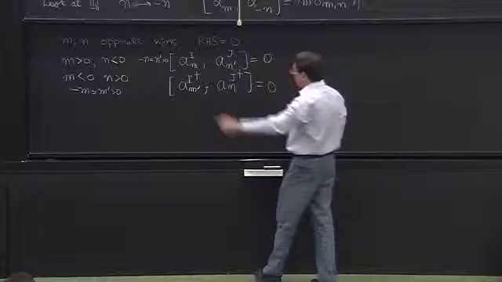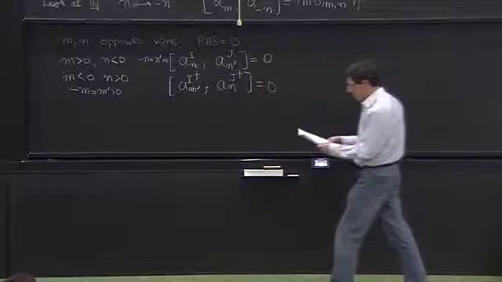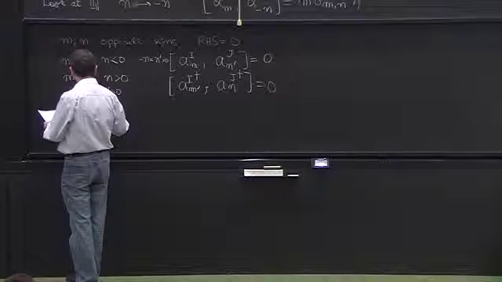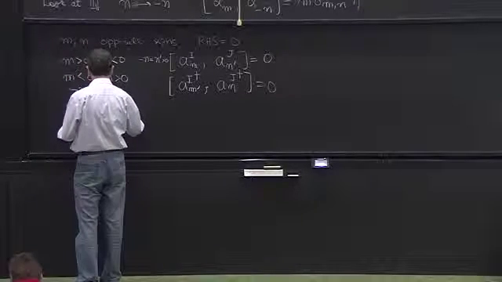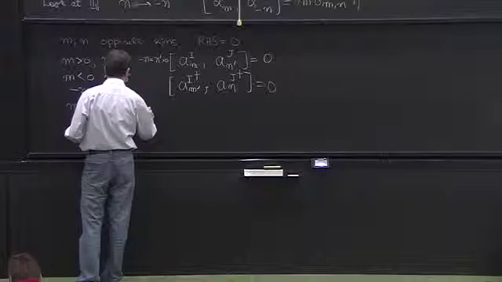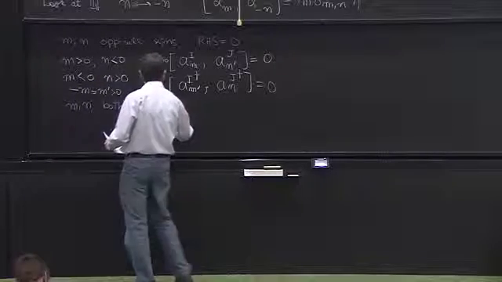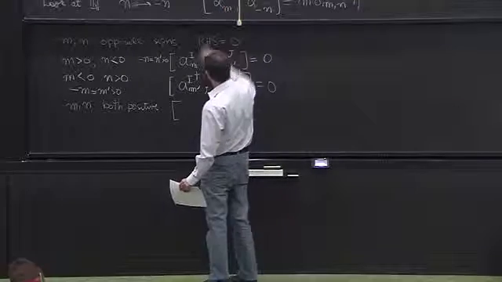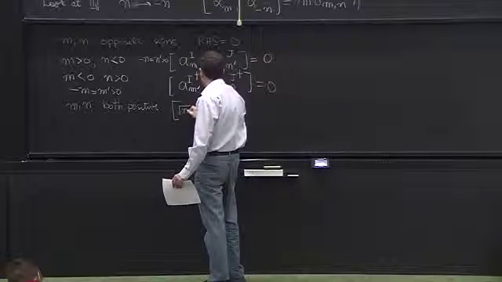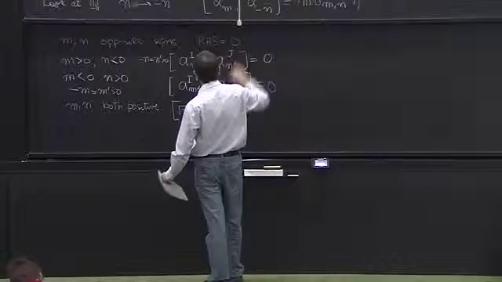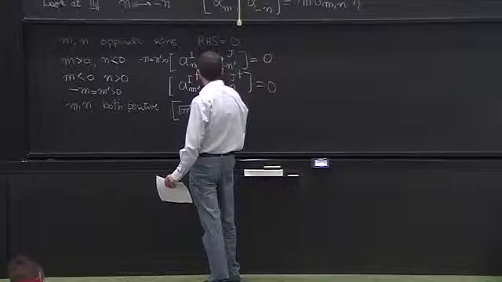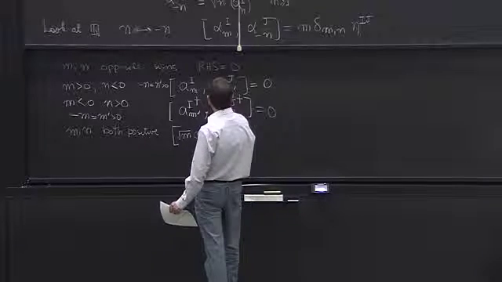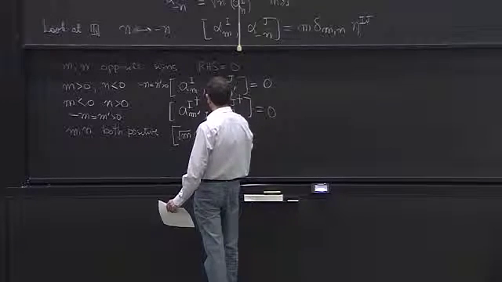Now, finally, you want to see what the a and a daggers do. So you take m and n both positive. And then what do you get? If m is positive, you can use this formula. So it's square root of m. Now we want to get the numbers, because then things are possible. You have a m i, since m is positive.